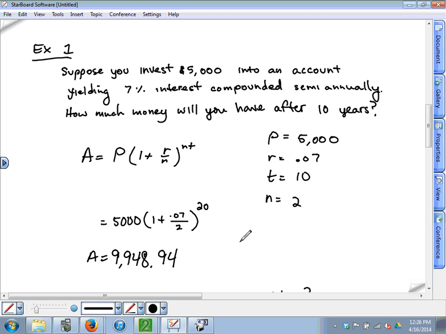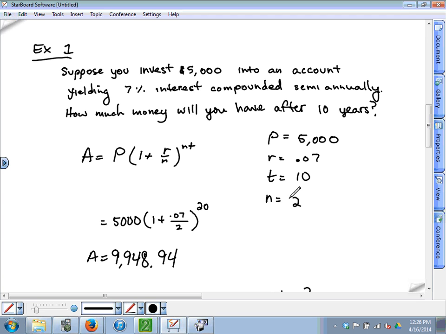I want you to think to yourself, you guys, listen to this. What effect would this have had if I changed the word semi-annually to monthly? What effect would that have had? It wouldn't have been raised to the 20th power.